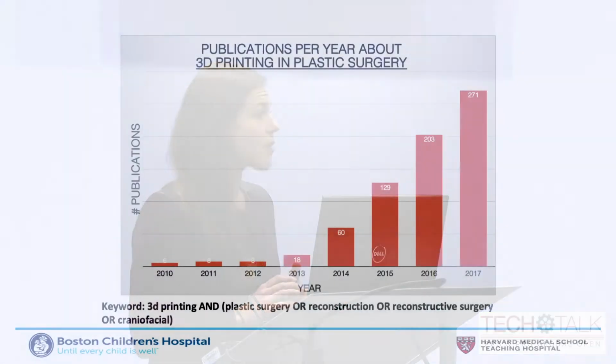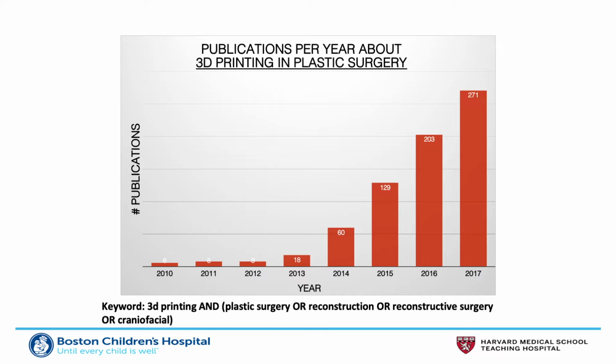And particularly for interest in research into 3D printing and plastic surgery, we've had that same trend. In 2010, there were 6 to 8 publications for the first couple of years, and it's grown exponentially to 271 publications last year alone. And I think it really serves as evidence of the rapid acceptance of the immense potential value that 3D printing offers in our specialty.